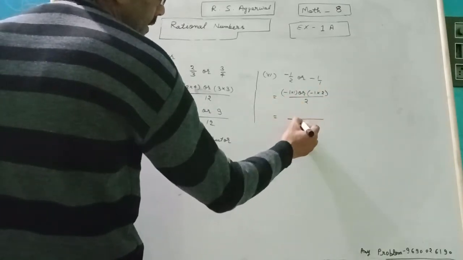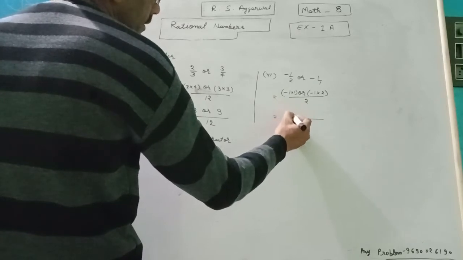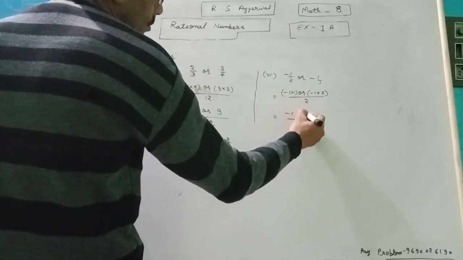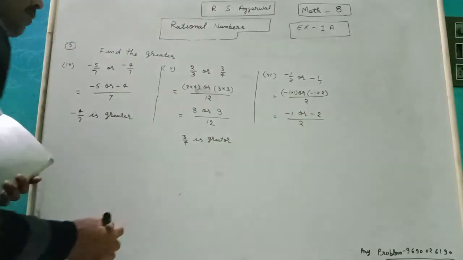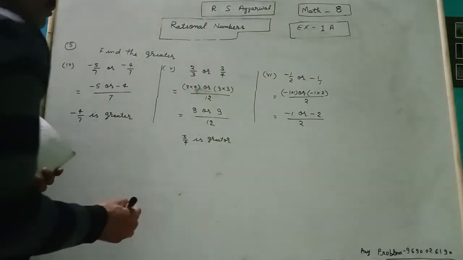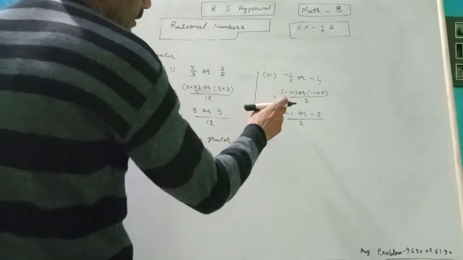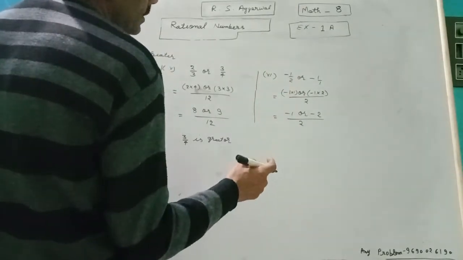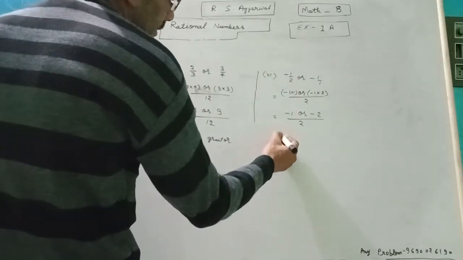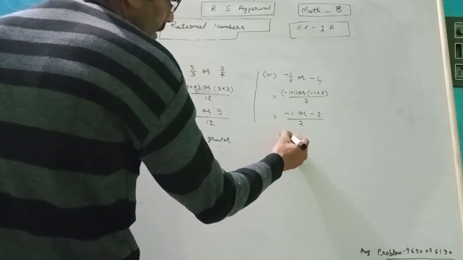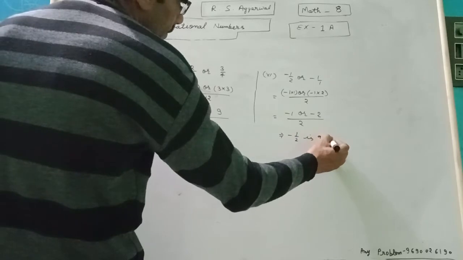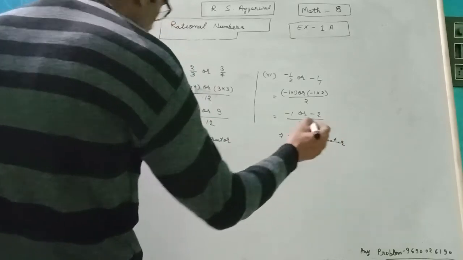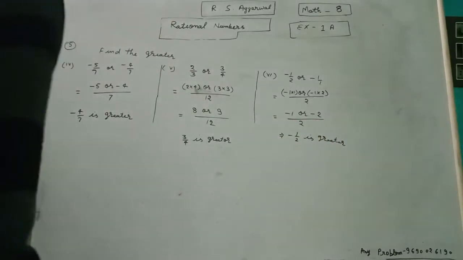After multiply, 1 1 is 1 or 2 1s are 2. Minus 1 is greater, minus 2 is smaller. Minus 1 means minus 1 upon 2 is greater. Question number 5 is complete.